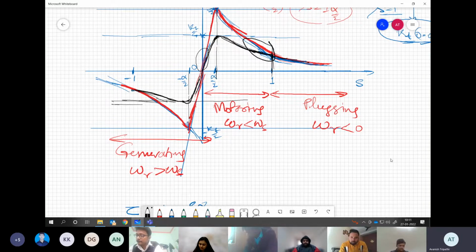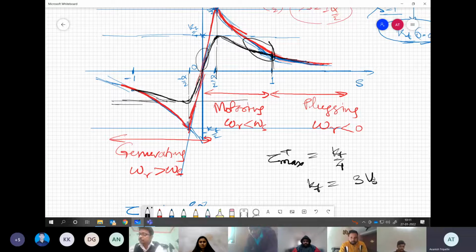The maximum value of torque that we get at this alpha by 2 slip is Kt by 4, where Kt we know is 3 Vs squared divided by, okay, p by 2 is also here, omega s and XLR. Correct?